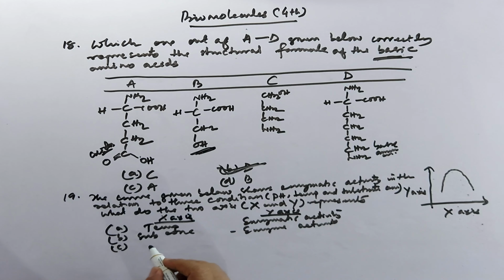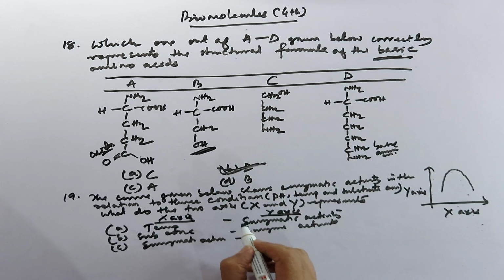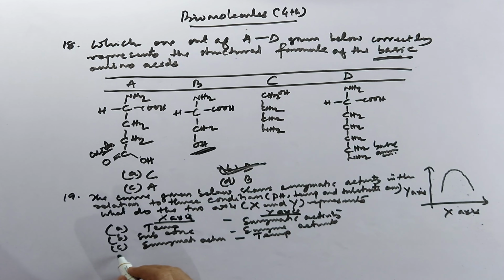C option, enzymatic activity and temperature, and D option, that is enzymatic activity and pH.